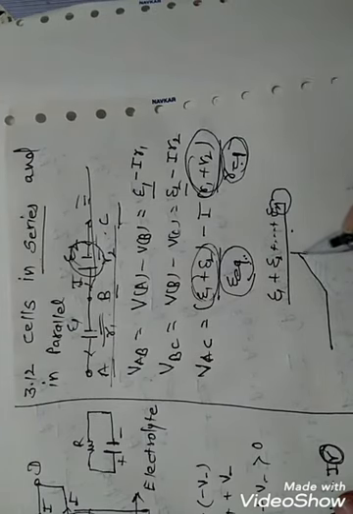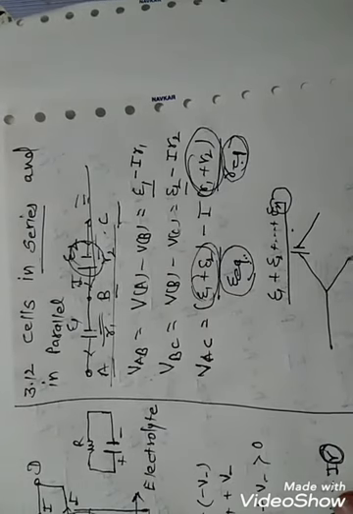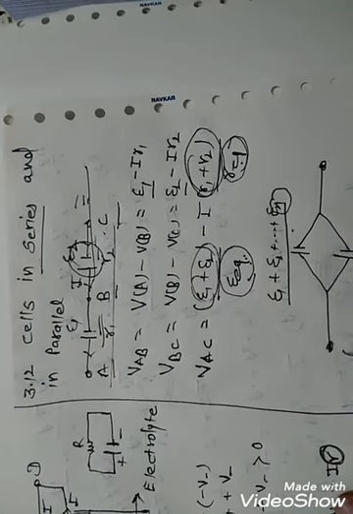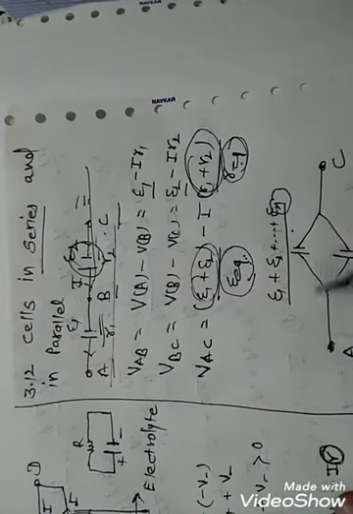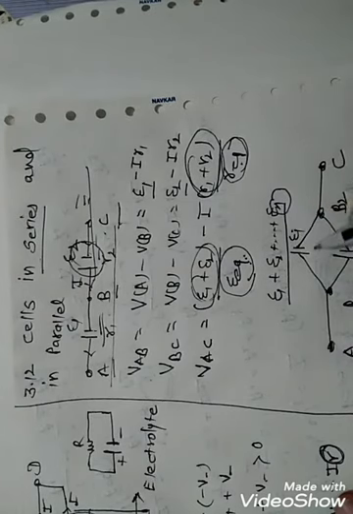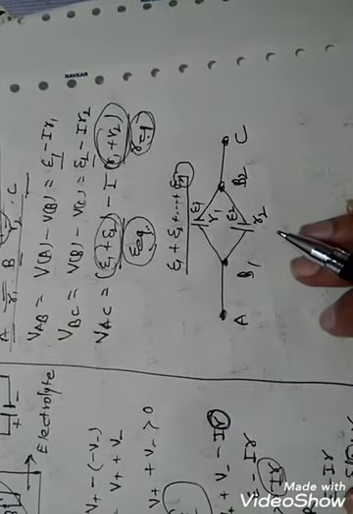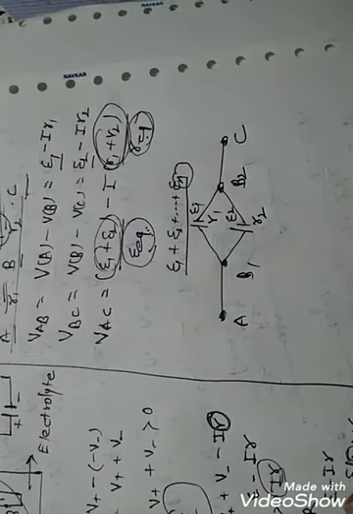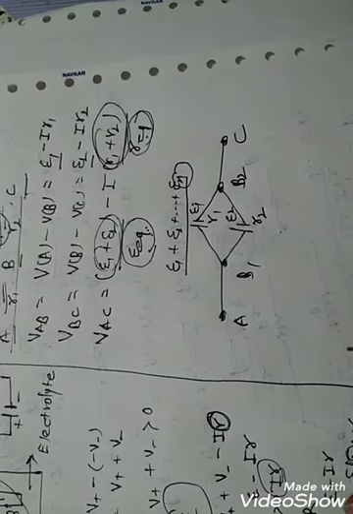Now for the parallel connection, positive to positive, negative to negative. In this case, points A and C, this one is B1 and B2, with EMF E1 and internal resistance R1, and EMF E2 and internal resistance R2.